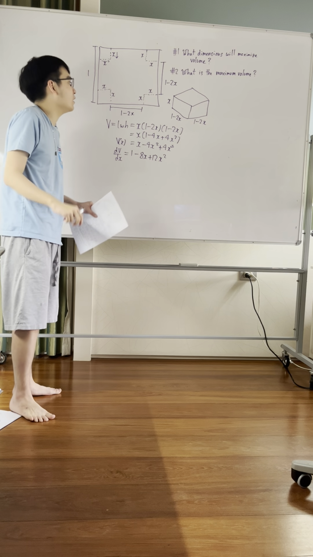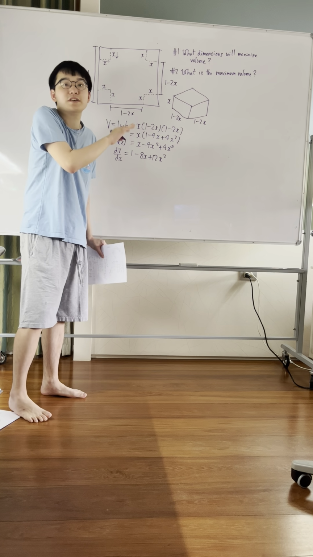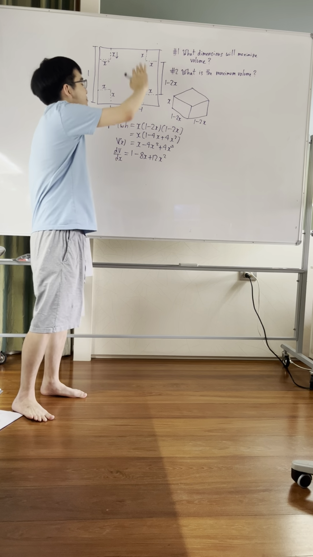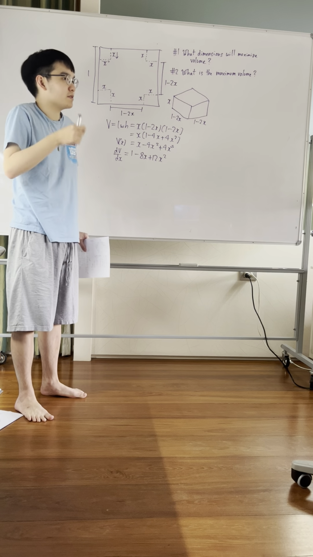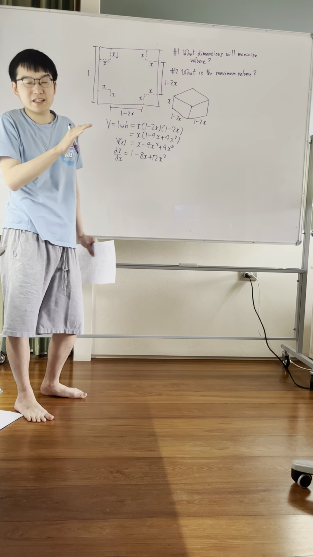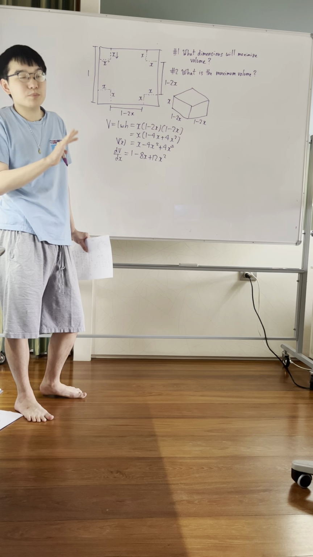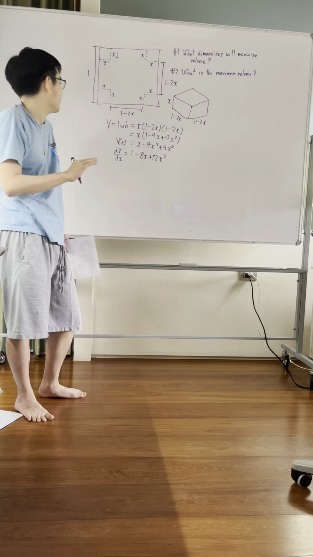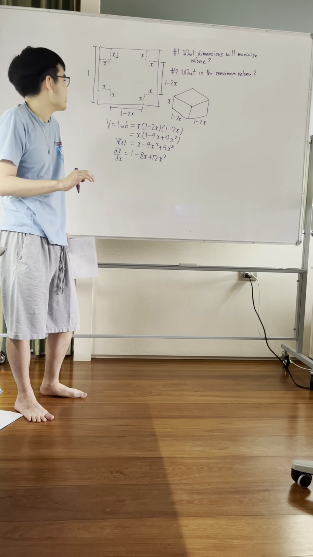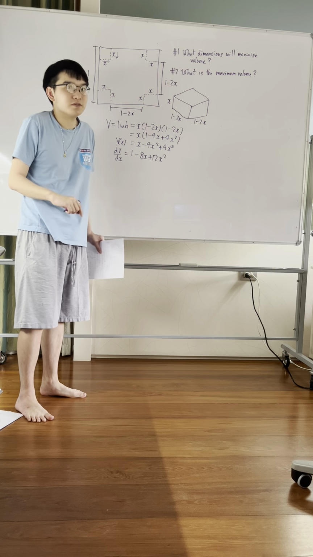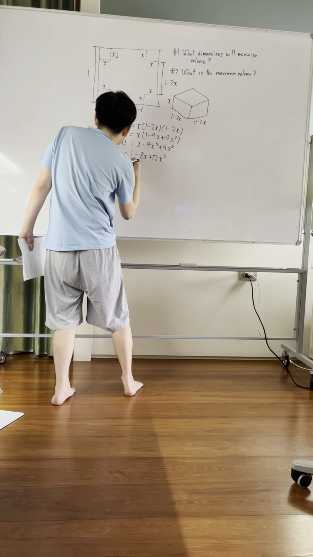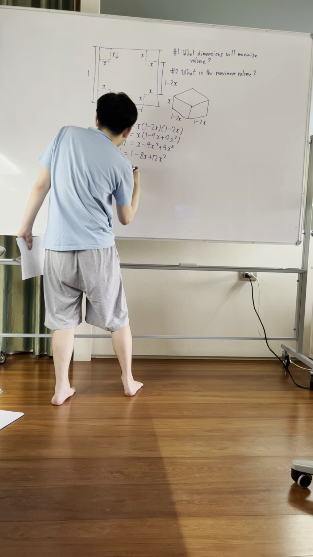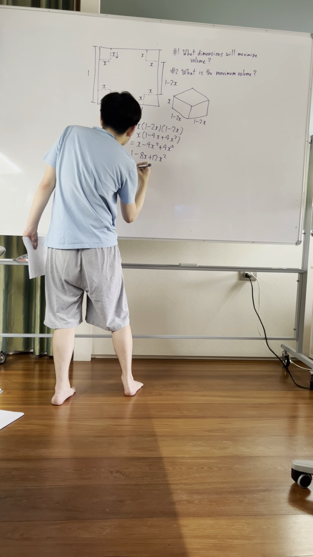But before we go on, I want to take the second derivative here because we want to find dimensions that maximize the volume. And when we take the second derivative this time, we're no longer going to get a constant number, which is either positive or negative. We're going to get a linear function. So we have to solve that in terms of an inequality. So we want d squared V dx squared to be less than 0.